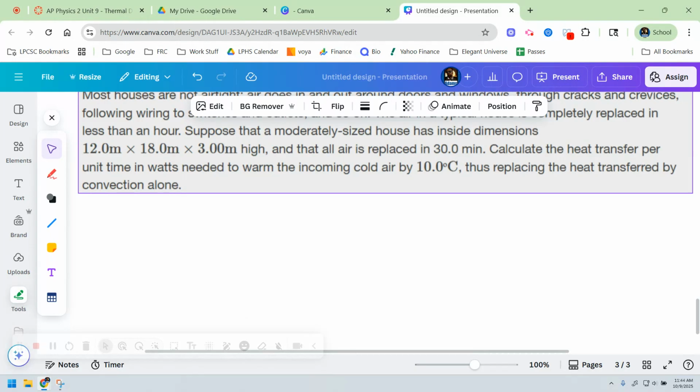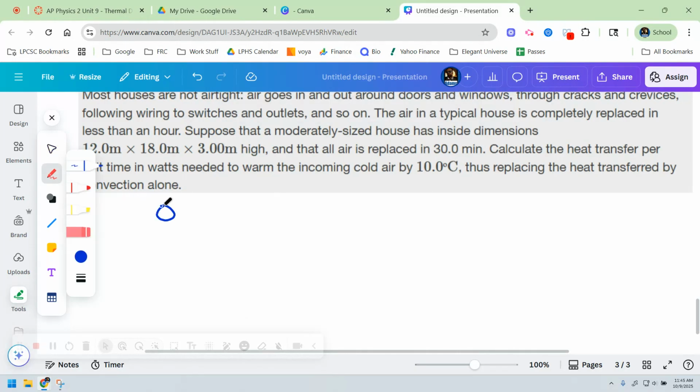So this is not too difficult. What we need to remember is that heat energy can equal the mass times the specific heat times the change in temperature, right?